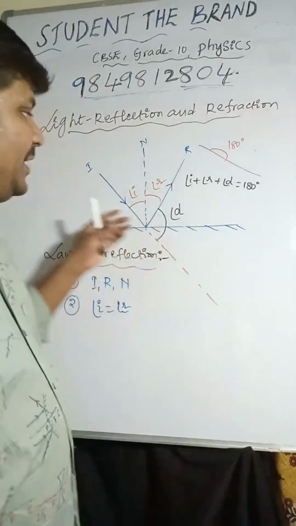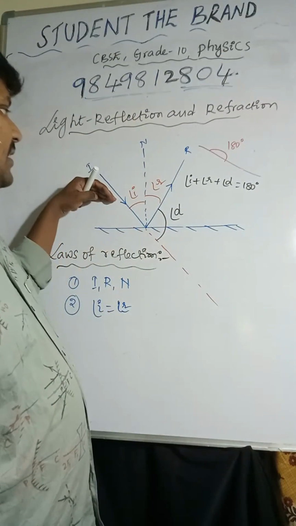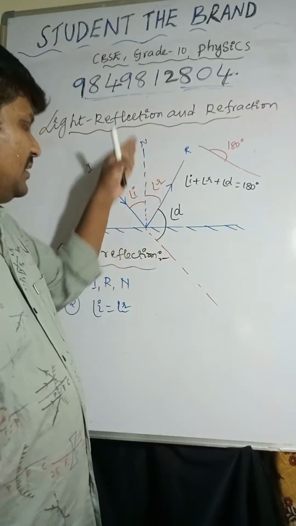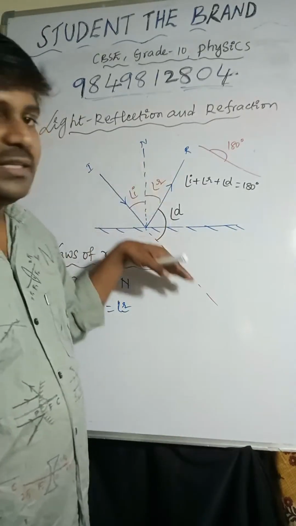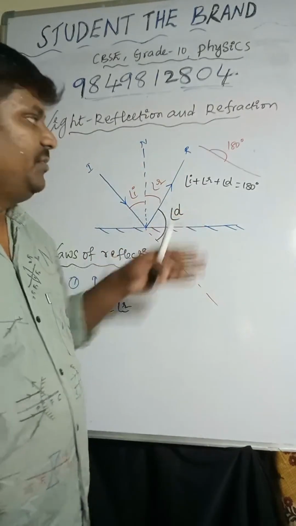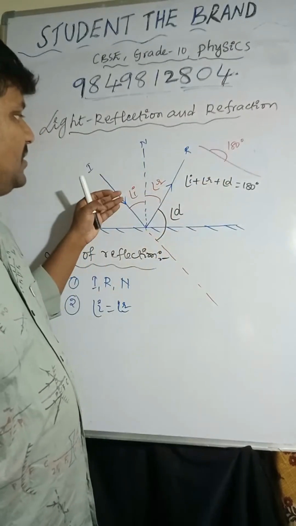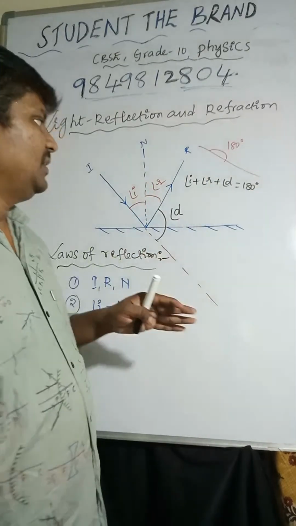So the angle between the incident ray and the normal line is called the angle of incidence, the angle between the reflected ray and the normal line is called the angle of reflection, and the angle between the reflected ray and the undeviated line is called the angle of deviation. The linear angle is 180 degrees, so angle of incidence plus angle of reflection plus angle of deviation equals 180 degrees.